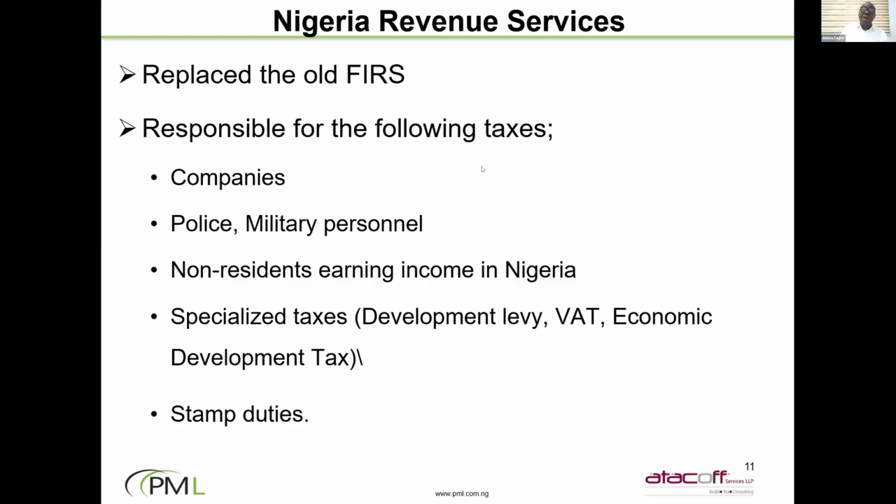When you pay land charges, they have it in your e-tag, so they can ask you questions around it when you are coming to do your tax clearance, and say this is the level of tax you are paying, but see the kind of land charges you are paying. It doesn't match. So they want to use this centralized thing to be able to have one single point of view to all the Nigerian activities.